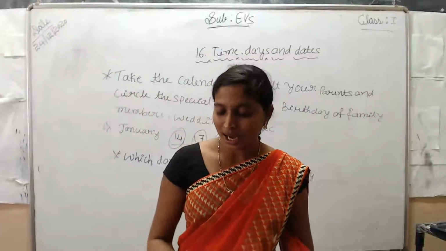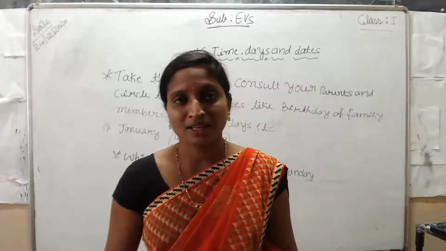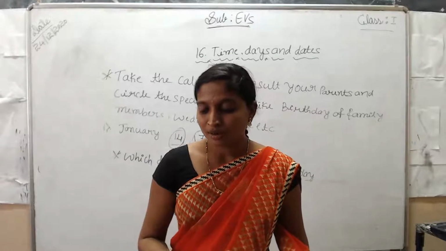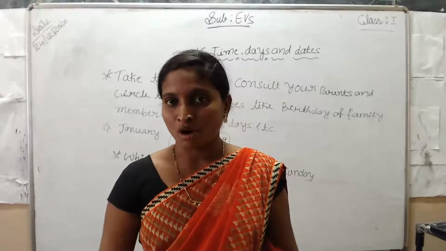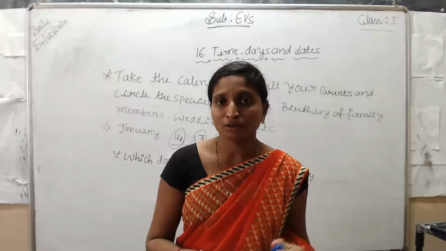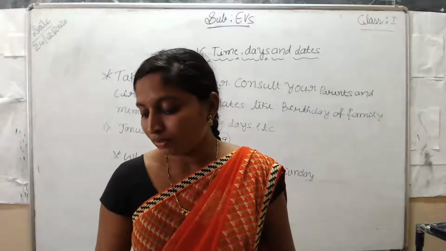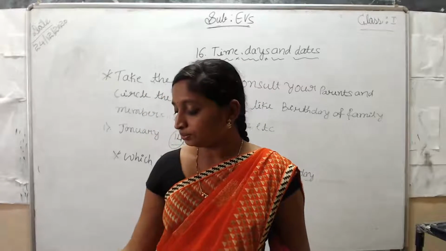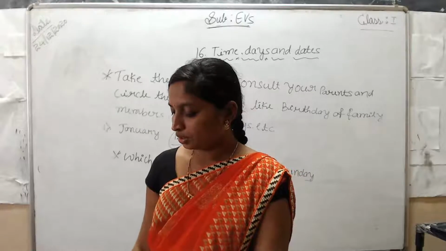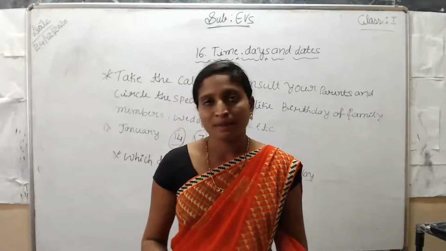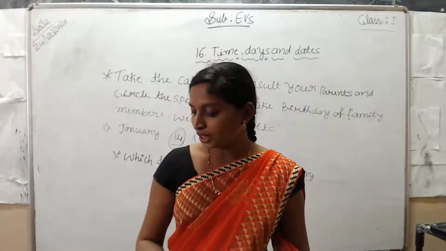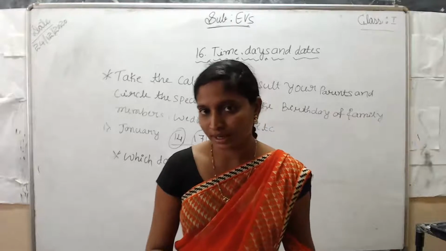What is the time? The big hand is the minute hand and the small hand is the hour hand. AM in the morning, we write 7 o'clock. After 12 we have to write PM. What is AM? AM stands for ante-meridiem, PM stands for post-meridiem.